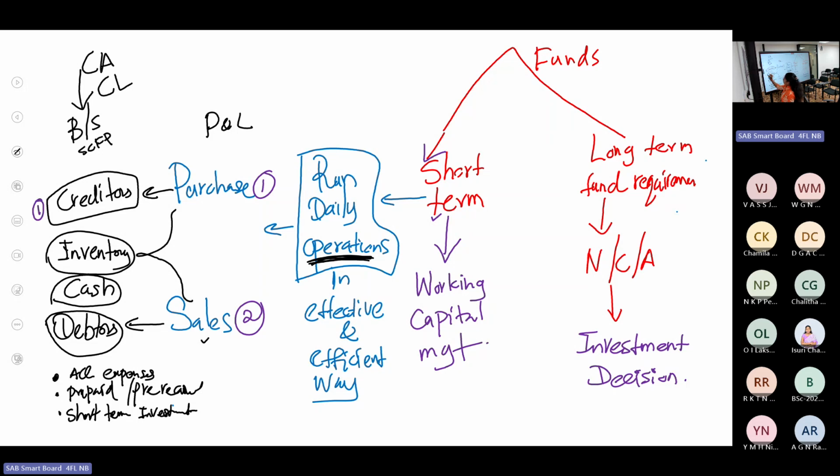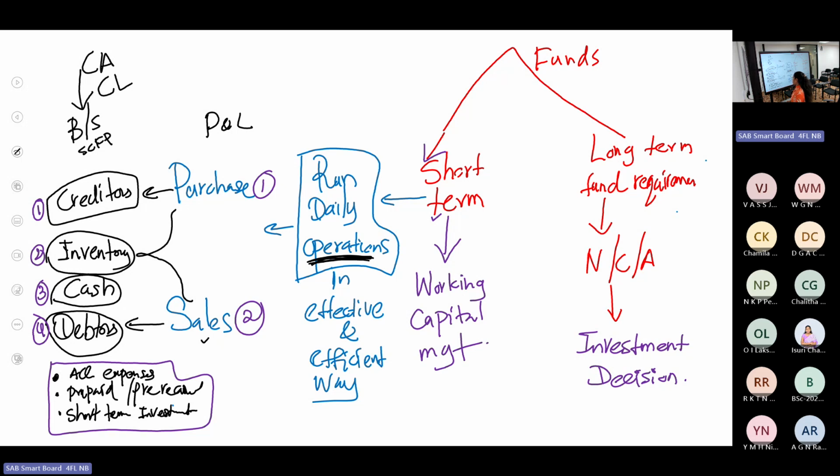There are 4 balance sheet items: creditors, debtors, cash and inventory, right? Other than that, we might have other current assets as well. Handling these current assets and current liabilities in the short run for smooth running of the daily operations, we call it working capital management.